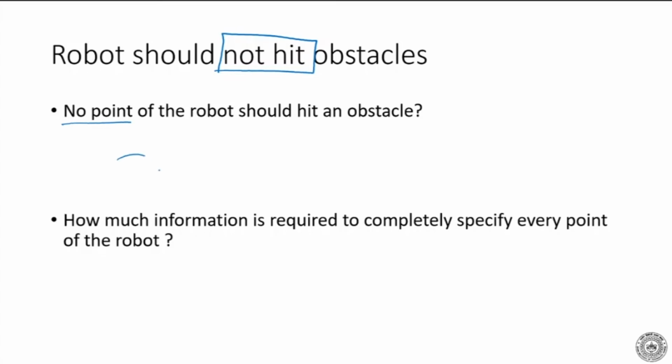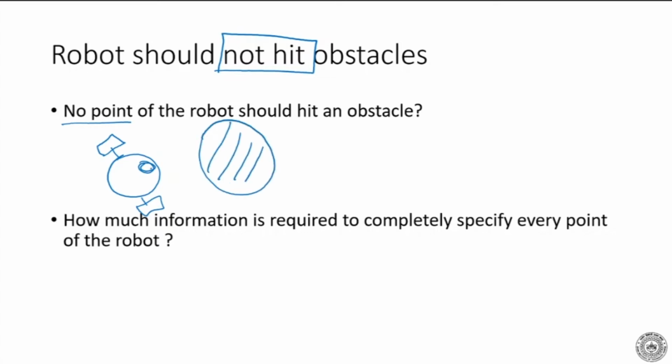For example, I have a differential drive mobile robot with a caster in front, and I have an obstacle. This obstacle has a point x, y and a radius r. When we say the robot should not hit the obstacle, it means that no point inside the robot, geometrically, should be inside the obstacle.